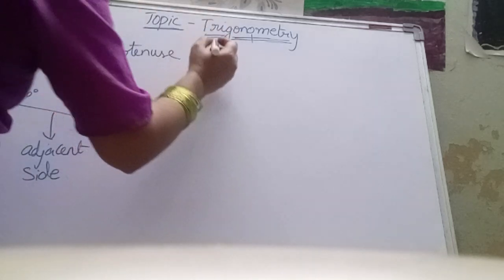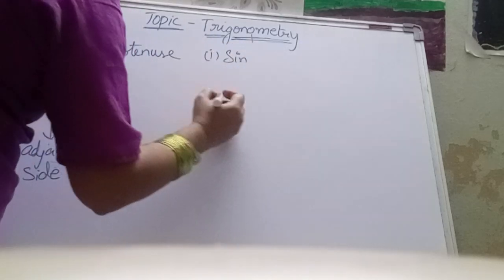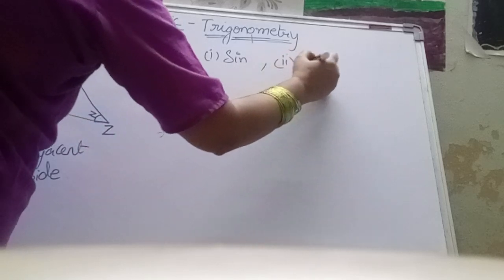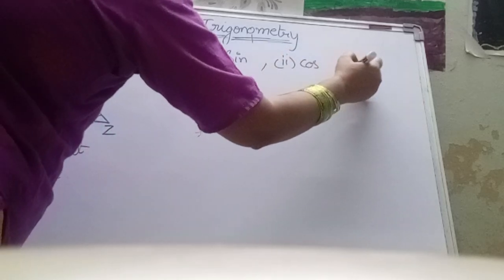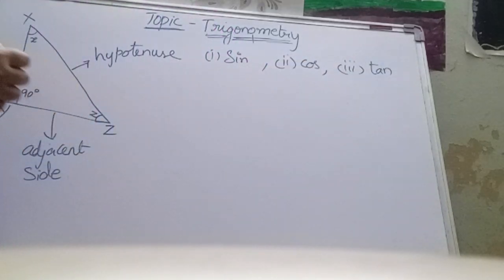Okay, to find the values, some specific names are given for the angles. Basic names. First one is sine. Second one is cos. Third one is tan.